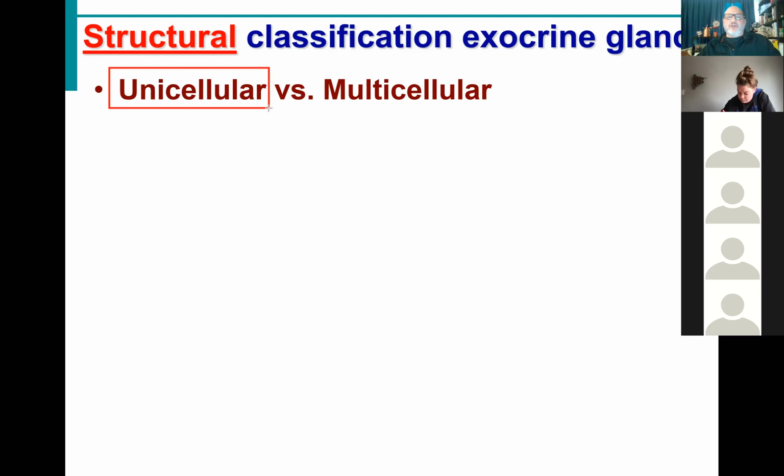Guess how you would describe a unicellular gland? Made up of one type of cell? Exactly. It is a single cell that releases its content outside of the body. There you go.